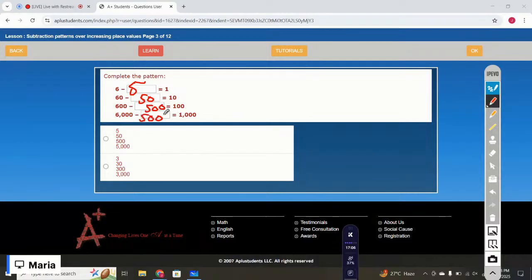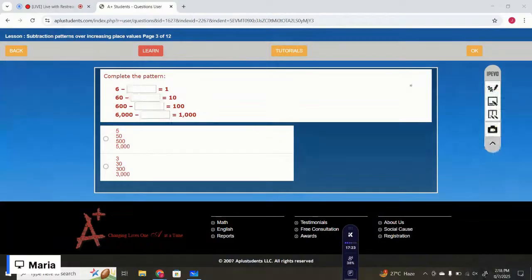And 6000 minus 5000 is 1000. Option number 1 is the correct option, with 5, 50, 500 and 5000.